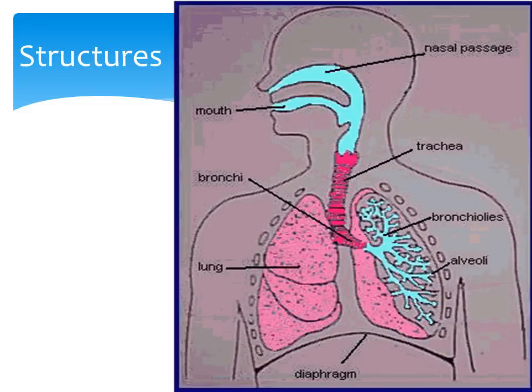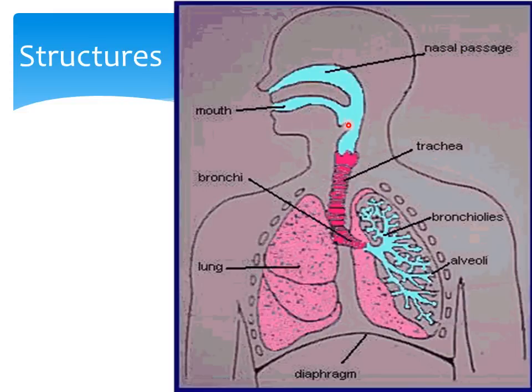So here are the main structures of the respiratory system. I'm just going to trace the path for you, and then on the next slide we'll talk about their functions. First off, how does air get into our bodies? Either through our mouths or our nose, which can be called the nasal passage.